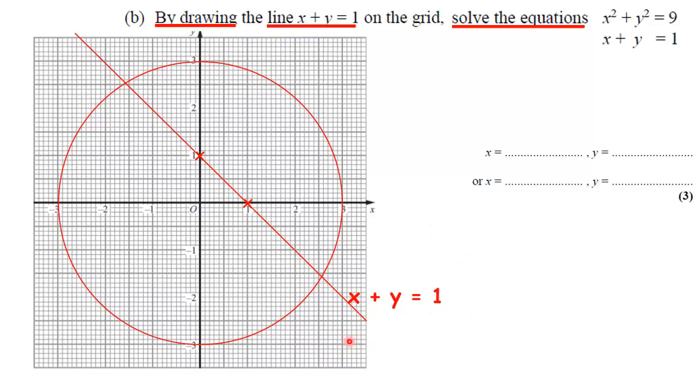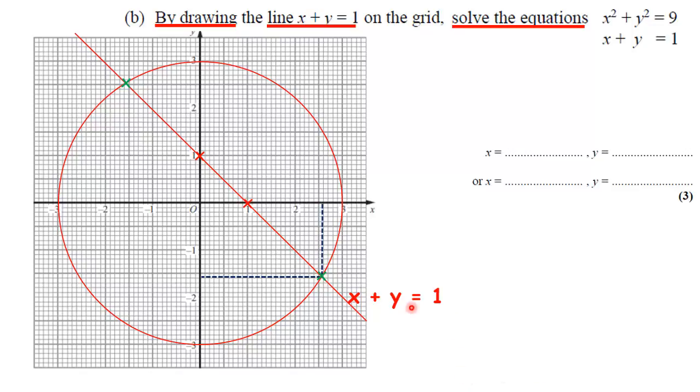The answer to this, the solution, is where the 2 lines cross. So there's one solution over there, and I need to figure out its x value and its y value. Read the scale very carefully. And here's another one over here. I need to read the scales extremely carefully and identify those 2 points.